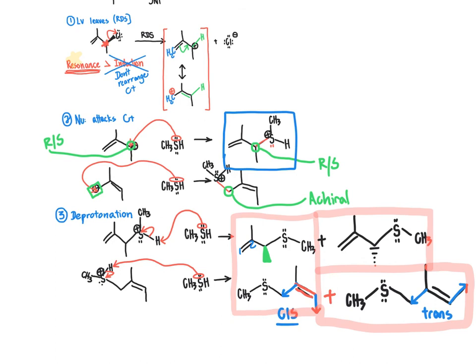So this is one reaction that highlights how we can start with, in chemical reactions, one stereoisomer starting material. In this case, that's our stereoisomer up top here, highlighted in blue. And then once we do the reaction, we actually end up with 4 different products that represent a mixture of stereoisomers and constitutional isomers of one another.